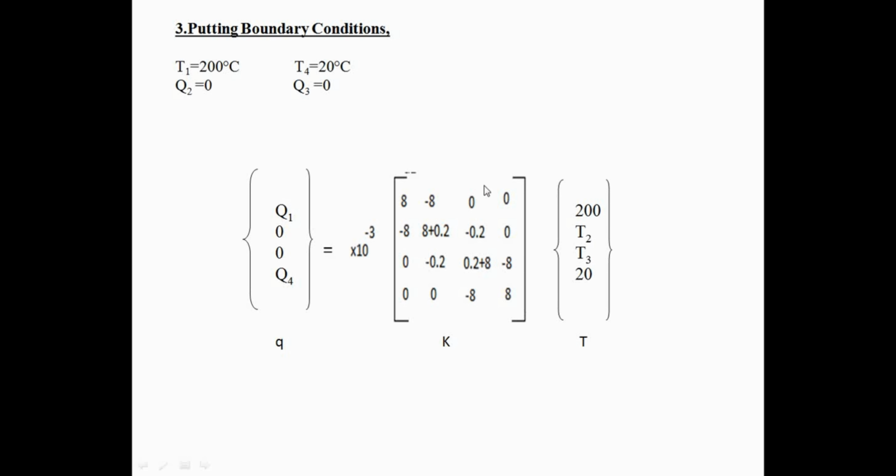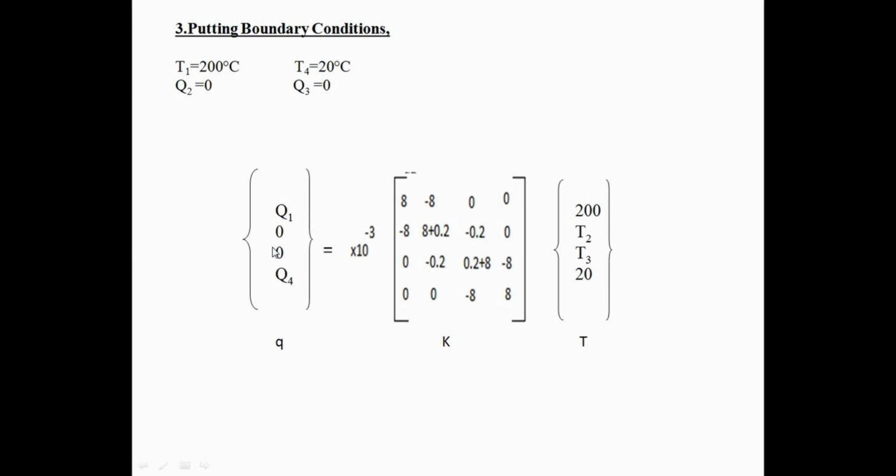So from this matrix we can form four different equations. The first equation, Q1, equals the first row times the column: 8 into 200, that is 1600, minus 8 T2, 0, 0. Similarly, the second equation, 0 equals 10 raised to 3 times the bracket: minus 8 into 200, that is minus 1600, plus 8.2 T2, minus 0.2 T3, 0 into 20, 0.